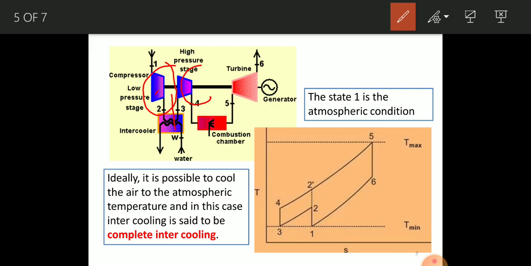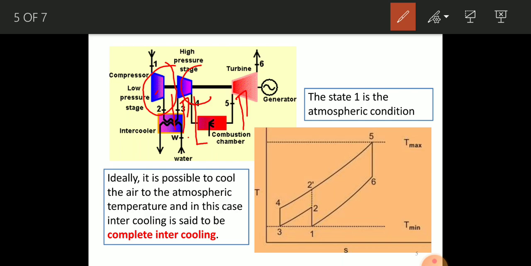Now this air is compressed again. From the intercooler it will go to the high pressure compressor. This pressurized air now passes through the heating chamber, or we call it the combustion chamber, where it is heated and then allowed to expand or flow over the turbine blades to develop the work.